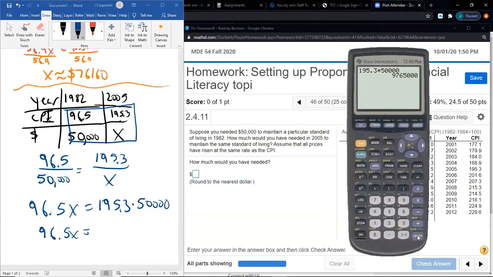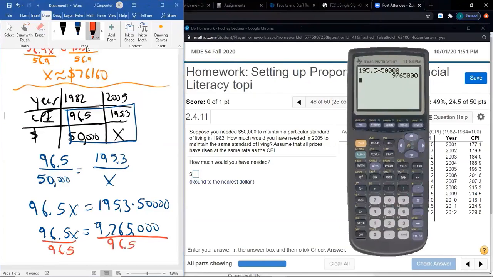All good. 9,765,000. And that's it. Commas to make it easier. Then we're going to just divide both sides by the 96.5. You have got to get comfortable with that basic algebra. I will say this again, you have got to go and practice that 100 times if you're still struggling with knowing which thing to divide by, or multiply, add, subtract, whichever it might be.